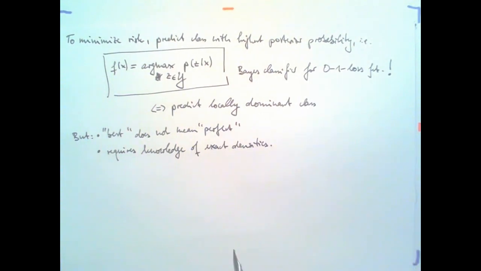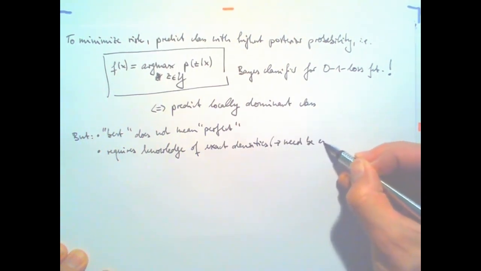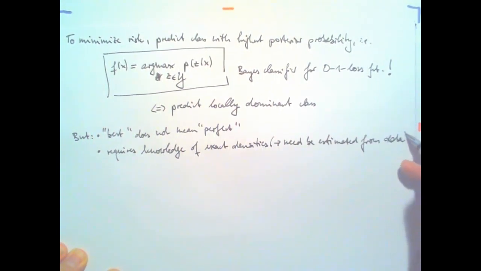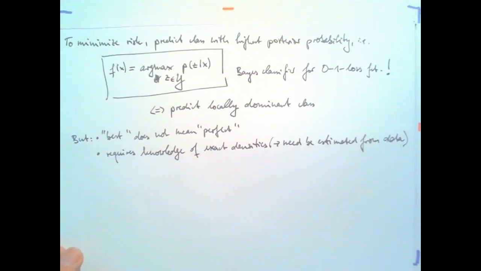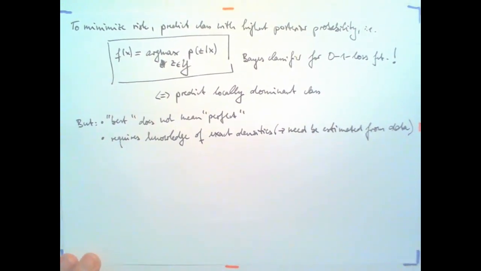These exact densities we do not have, but need to estimate them from data, if we work with generative classifiers. But, on the positive side, we found the best achievable classifier altogether. And that's a result I really, really like, I have to say.